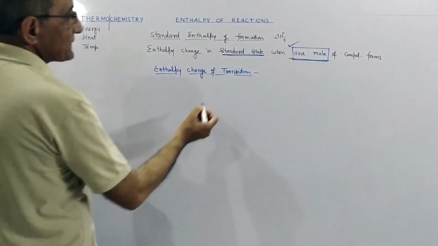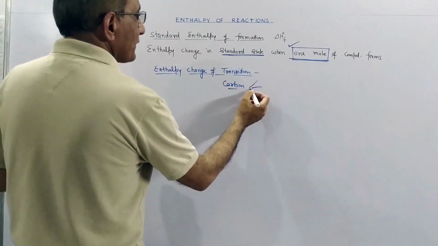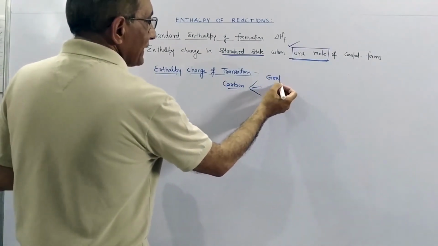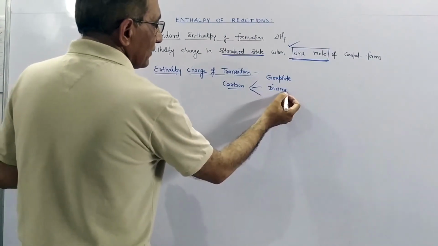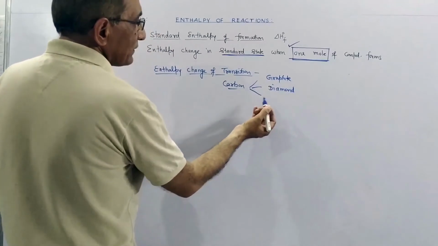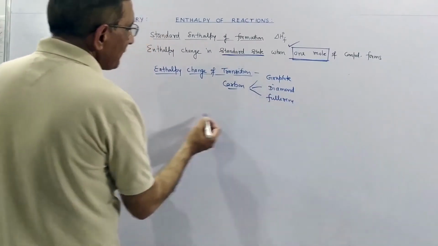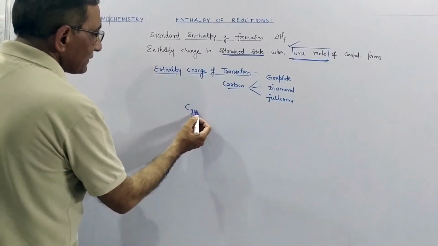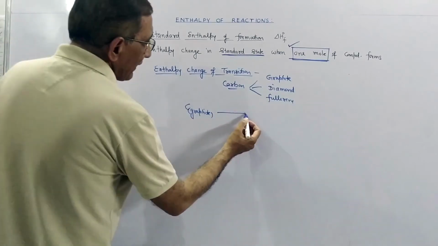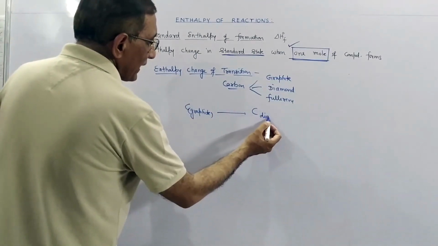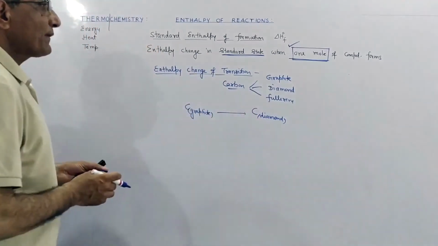Transition means, suppose we have carbon. There are different allotropic forms of carbon. It can be graphite, it can be diamond, all you have studied in class 10th, or it can be fullerene. So if carbon is present in the form of graphite allotrope and we want to convert it into diamond allotrope, then this will be change of transition.